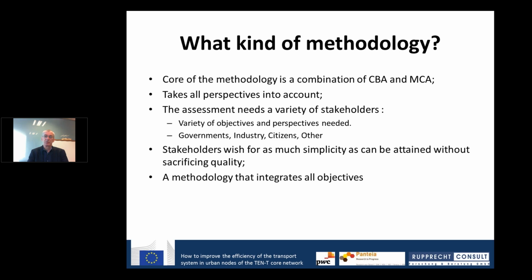If you apply this methodology, then you may need different stakeholders. It's not only governments, but also industry, citizens, and others that might be included as a stakeholder. And also, you might need a variety of objectives and perspectives. And this makes the result in the end more robust.